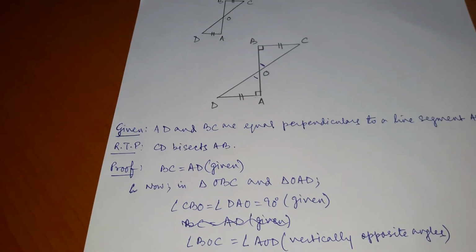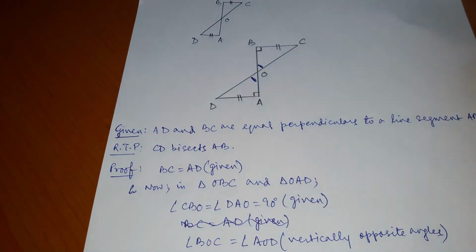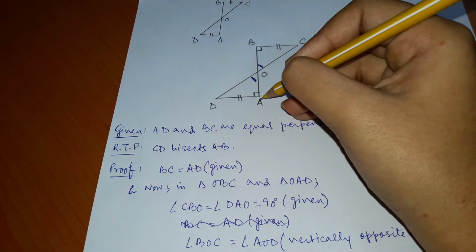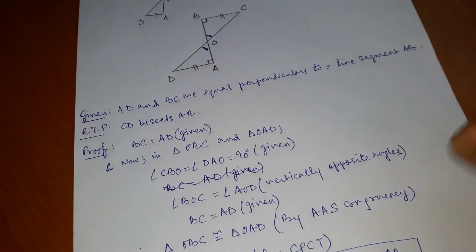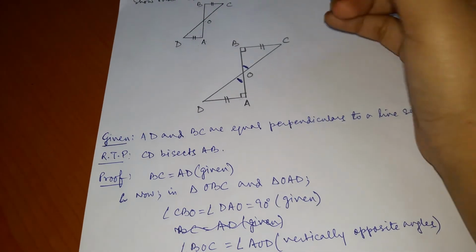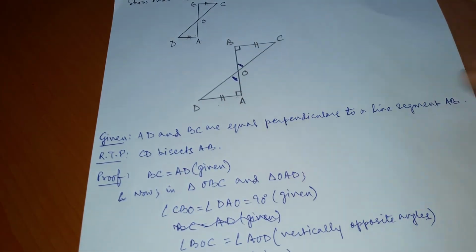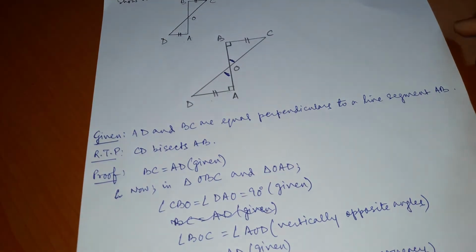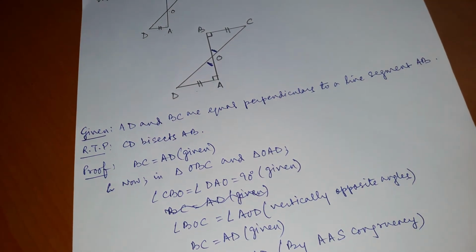How? Because this angle is equal to this angle. Now, OA equals OB? We are not given that. We are given BC equals AD. So one side equal we are given, and we are also able to prove two angles equal, which means two angles and one side.